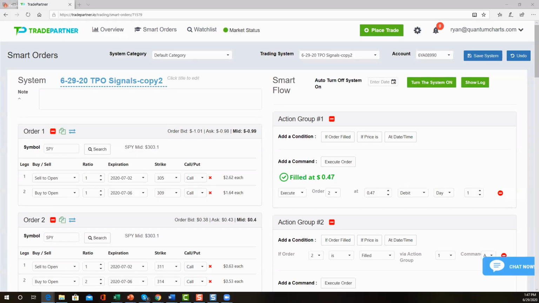I know this is going to shock y'all, but I have approximately 20 something windows of trade partner open. So yeah, it gets a little nuts. So TPO signal on 6. Where's that TPO signal? Let me see if I can find it.